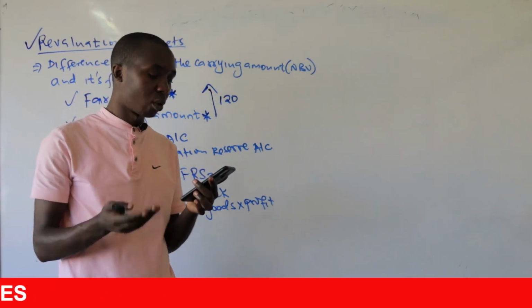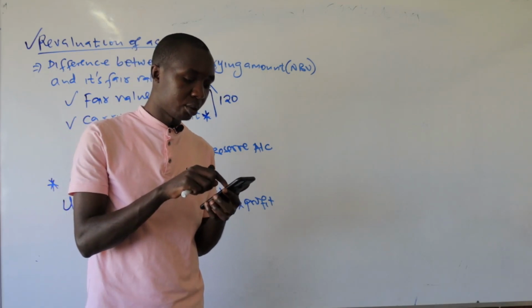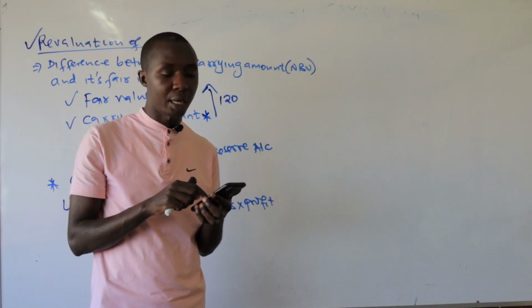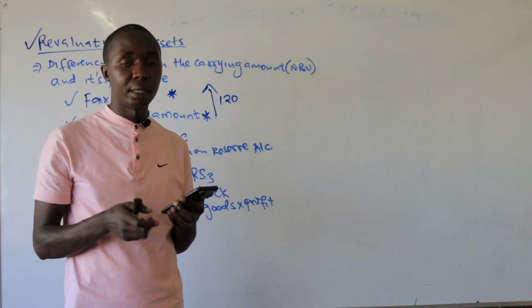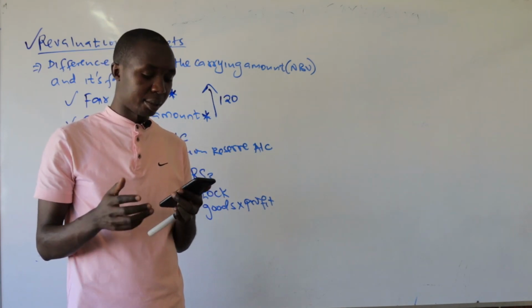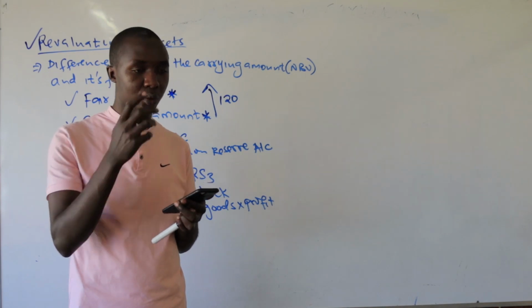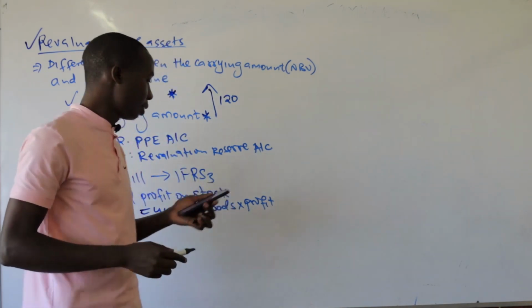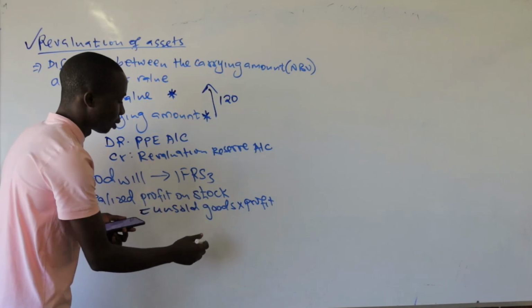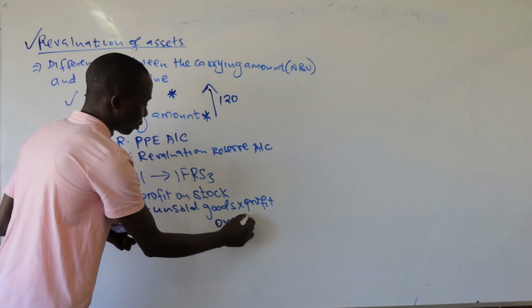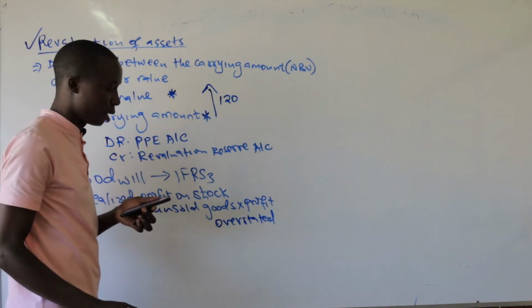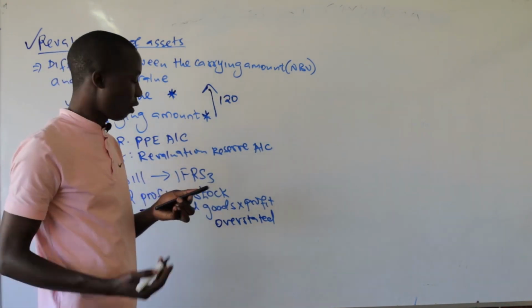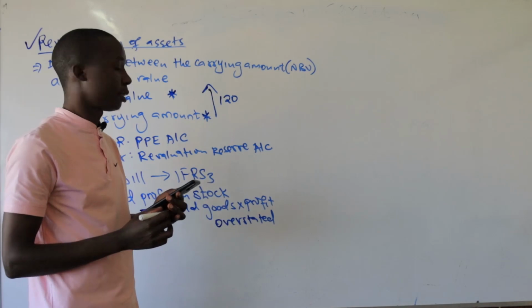Then since it was due to an upstream sale, because Sarama is the subsidiary and Risiki is the parent, and the subsidiary was selling to the parent, remember that profit is overstated in the subsidiary. The profit which was never realized by Risiki is overstated in Sarama.